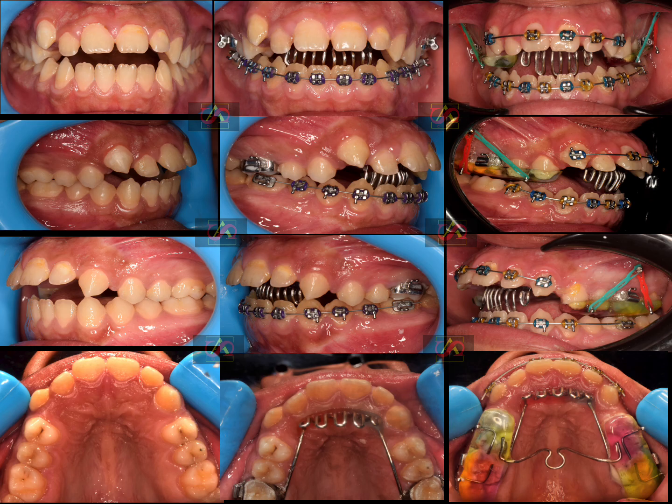And then after using the tongue guard, I decided to intrude the posterior teeth by an acrylic cap on the posterior teeth, using a mini screw on the buccal side. And this acrylic capping has two arms that are attached to the power chain.